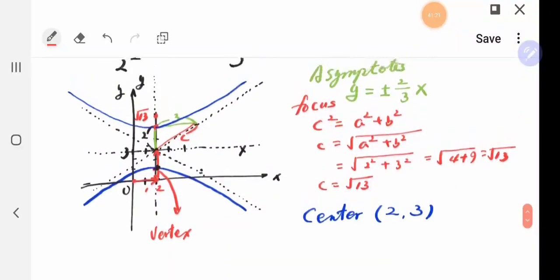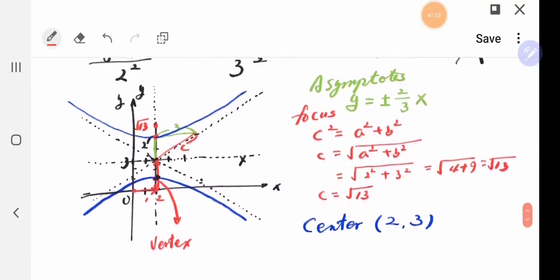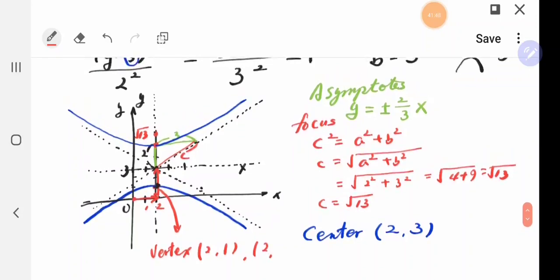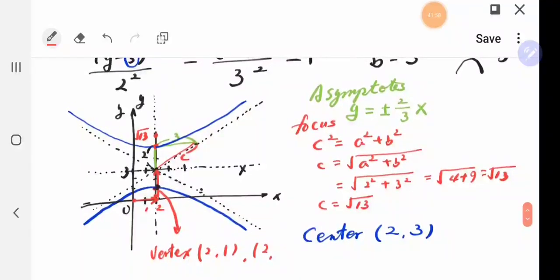Vertex, originally it is 2 units away, so the vertex is x equals 2, and then y, we move 3 units up, so it will be positive 1. And the other one, x is the same, and the y was negative 2 and 2, so 2 plus 3 is 5.